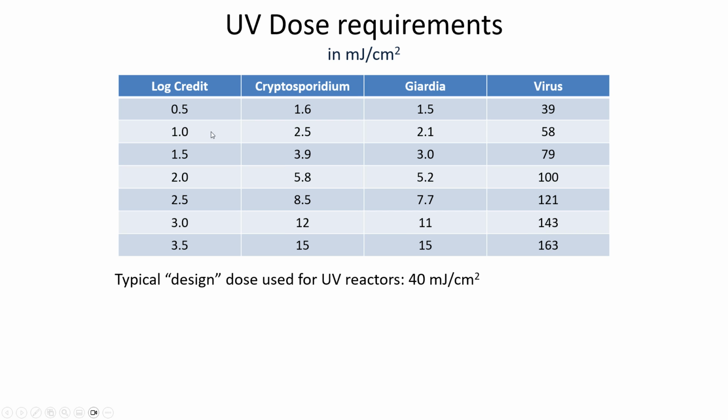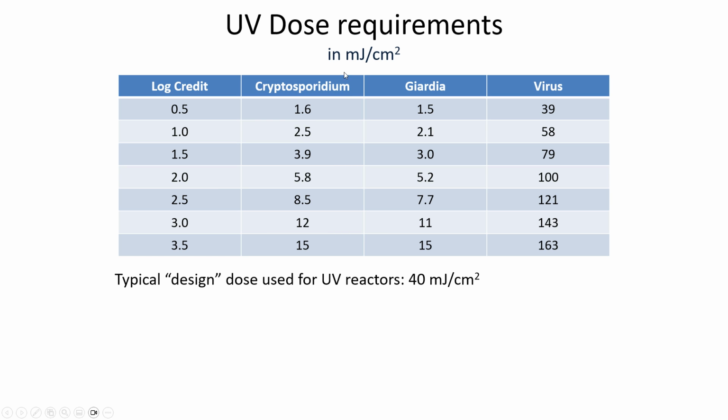So you can achieve 90% removal of cryptosporidium by a dose of 2.5 millijoules per square meter. That is the amount of energy over a certain surface area, is how the intensity of UV is described. Intensity times time.